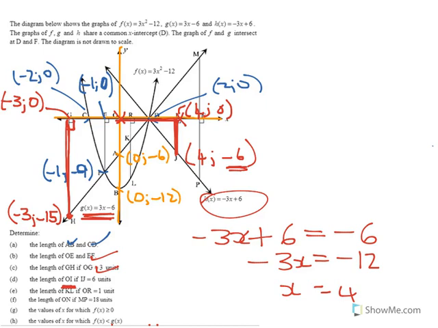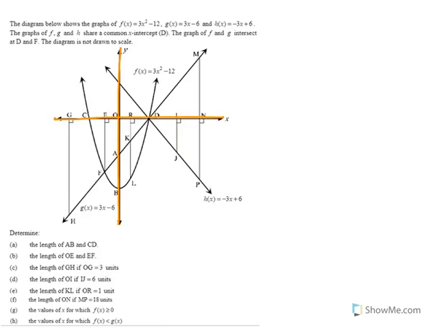Right, maybe let's clear up some things here. Right, and then we're asked to work out the length of KL if OR is 1 unit.